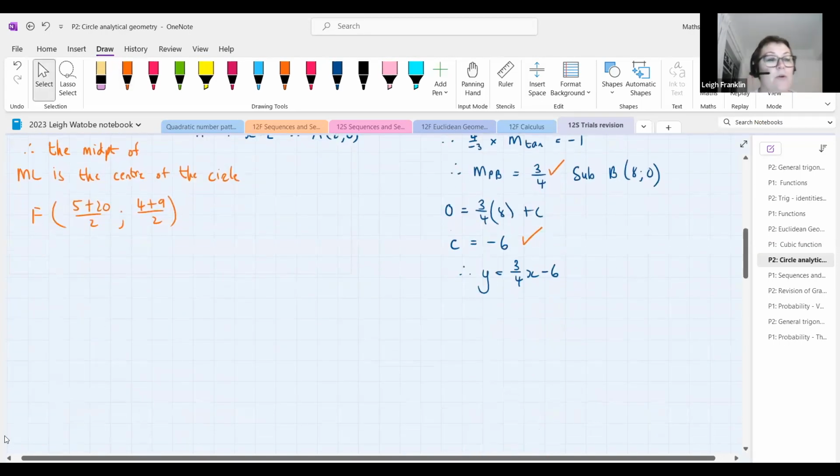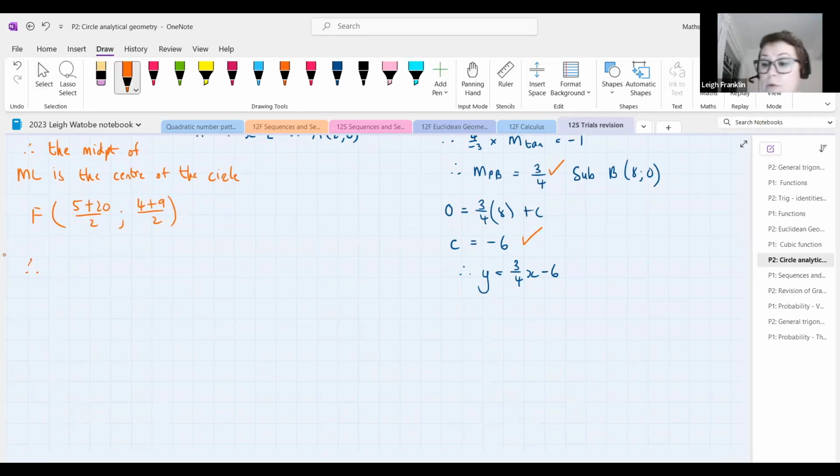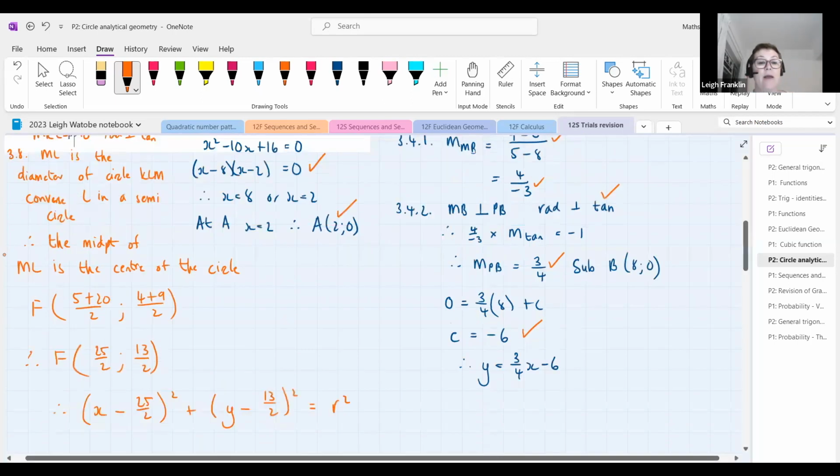So therefore, the coordinates at F is going to be 25 over 2, and this would be 13 over 2. So therefore, you'd have x minus 25 over 2 squared plus y minus 13 over 2 squared is equal to r squared.